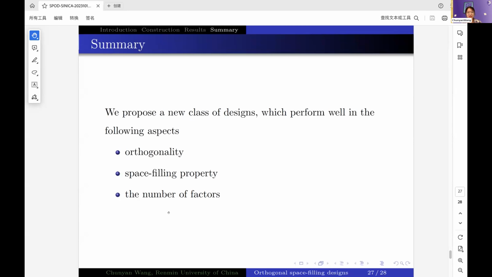The last one is that compared with other designs in the literature, for a given run size, our designs can accommodate many more columns. In other words, we can arrange more factors in the proposed design. All these are very ideal properties for computer experiments.